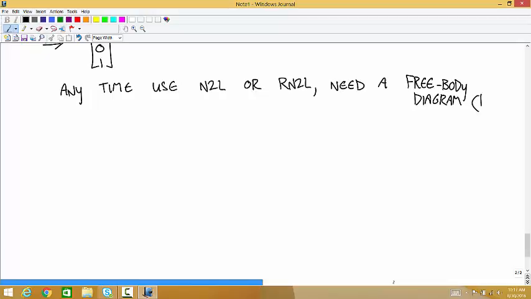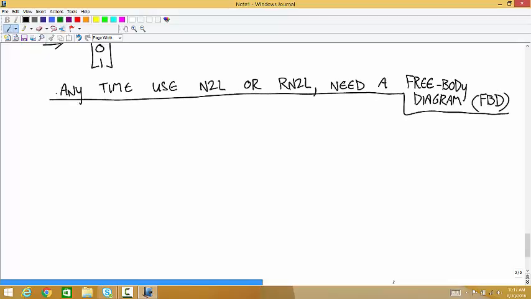I always abbreviate that FBD because I write it a lot, but remember that it's called a free body diagram. Otherwise, people laugh at you when you call it a full body diagram. I had a physics class where somebody called it a free base diagram. Please don't do that.